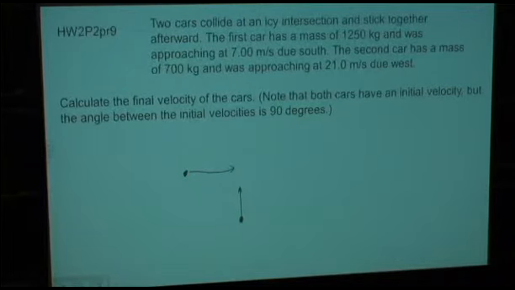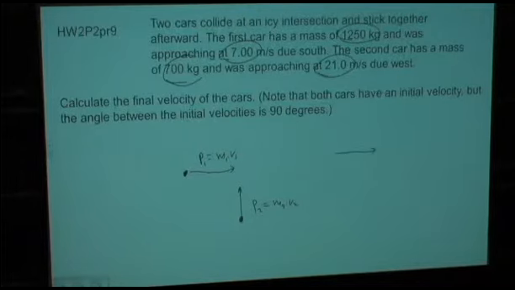But what we should now write is the law of conservation of linear momentum, which says this arrow, which equals 1250 times 7, plus this arrow, which equals 700 times 21, and I don't even read what kind of a direction, south and west, it doesn't matter.